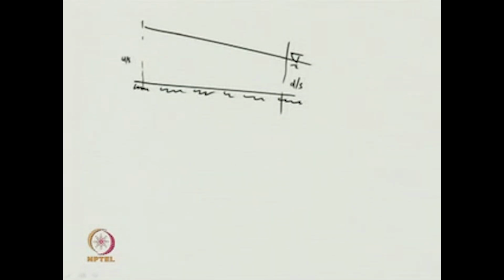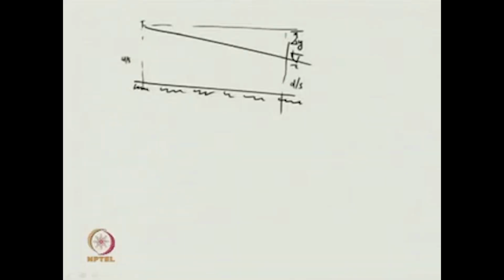Now, whatever drop in water surface is there, we are approximating that. You know that for uniform flow, water surface slope, bed slope or energy slope are all approximately equal in general channels or regular shaped channels. Right now, we are dealing with natural streams where flood discharges occur, so there is a difference in level of water surface at the upstream and downstream.